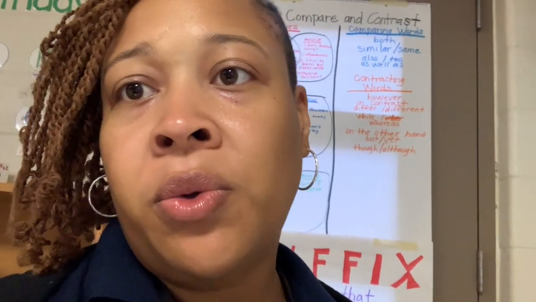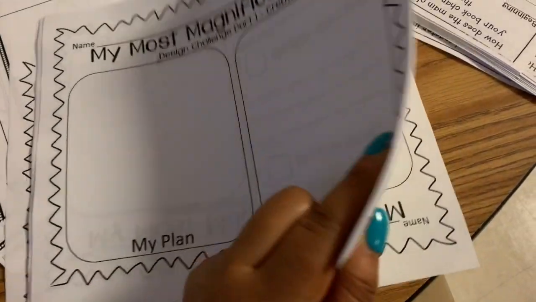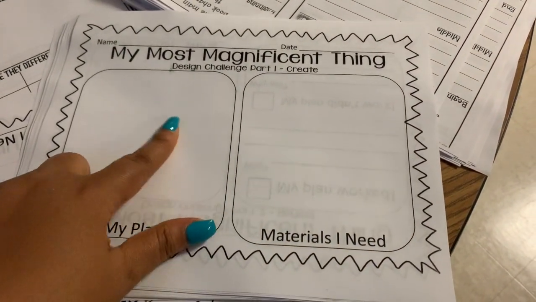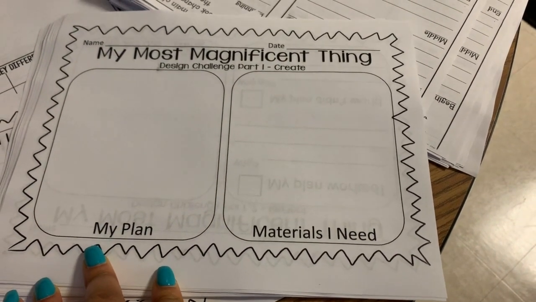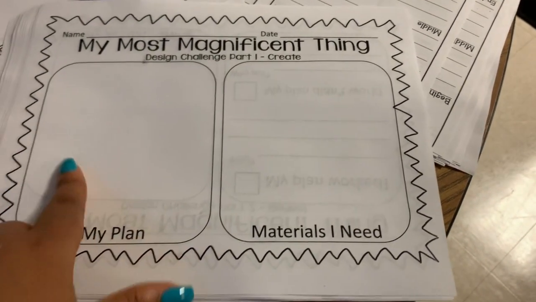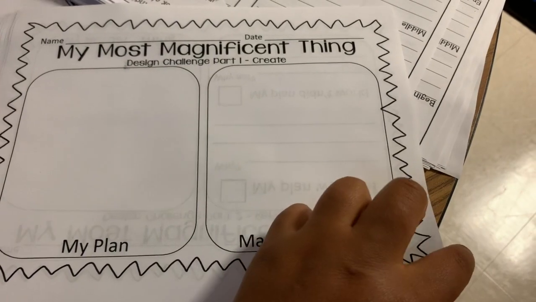So I'm just going to show you the outline that we're going to use to do this project. So this is the outline. We read the book, and they are going to create an invention or anything that they want to create. I told them that this is totally optional. They're going to draw their blueprint, their plan, and then tell me the materials that they need, and I will get them.